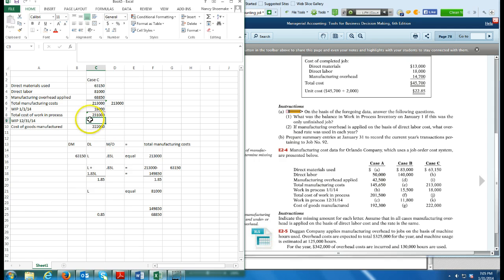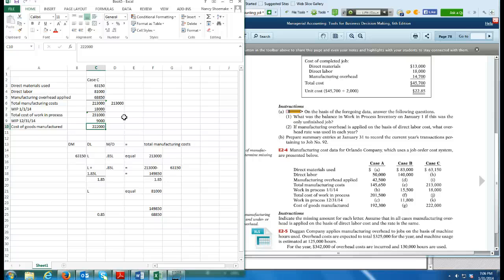And then to figure out what's still work in process at the end of the period, we're going to take our total cost of work in process minus what got put over into finished goods, or cost of goods manufactured. So we then know that our work in process at the end of the period would be 9,000.